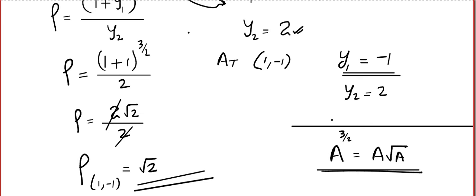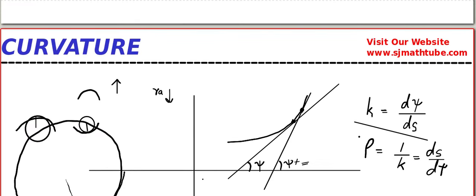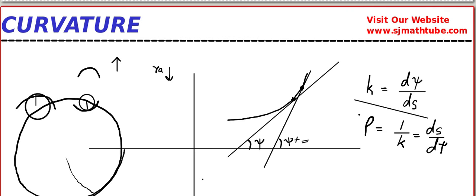Okay, that's it. So I'll repeat the facts once more. In curvature, what we do is we learn how to measure the bending in the curve. So curvature is basically measuring the curvishness of a curve. And we learn the fact, if a curvature is very high, the circle will be small and the radius will be small.